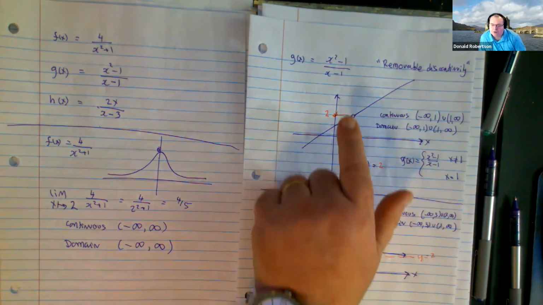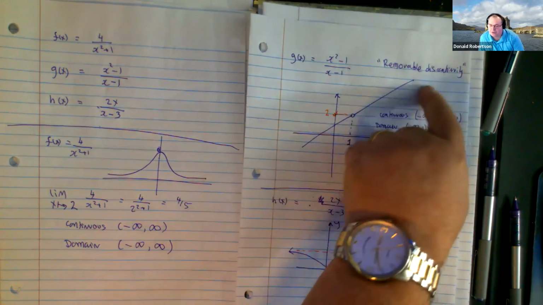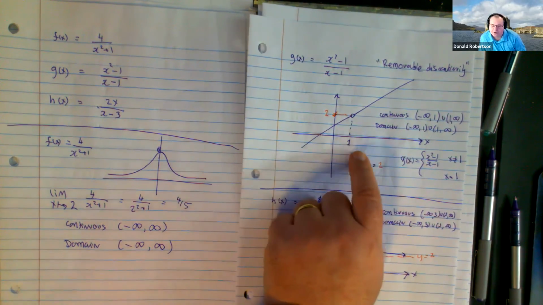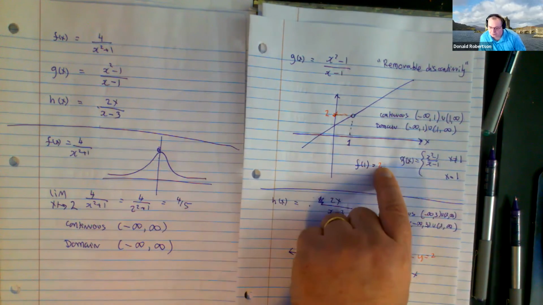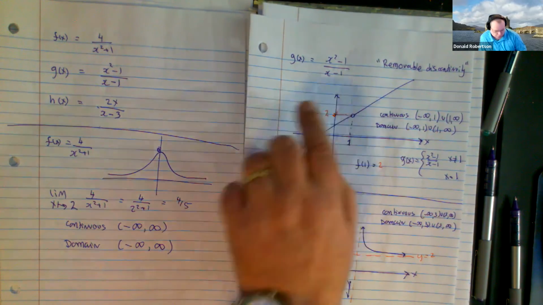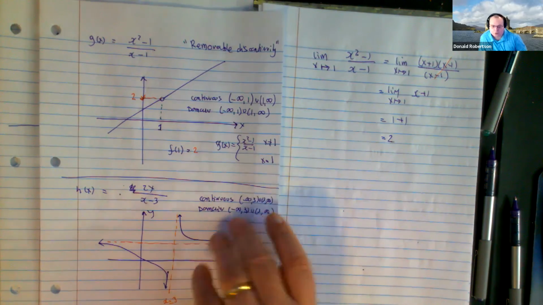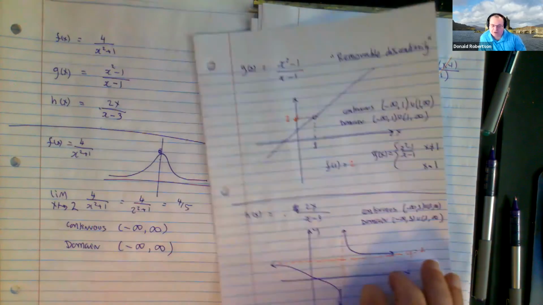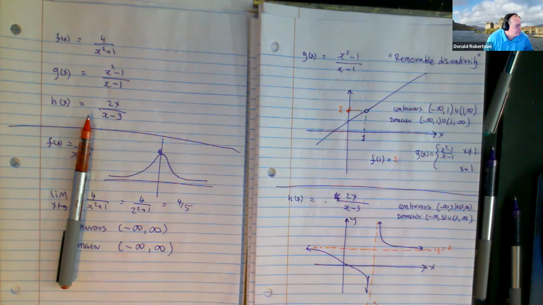So when you have a removable discontinuity, which you will be able to see when you put it into Desmos, you sometimes are asked, okay, then how do I fill the hole up? That's what do I make f of 1 equal to? And you found out what it was by doing a little bit of algebra or being very careful in Desmos and clicking on it. Let me try that guy in Desmos and see if we can.